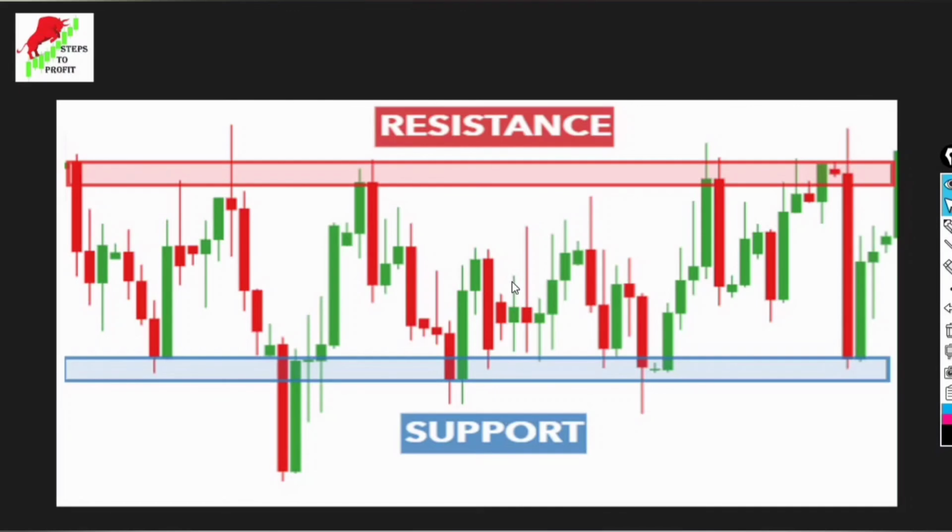As we have seen, because of support and resistance, price keeps moving in both directions. Sometimes it might be in an uptrend, sometimes in a downtrend, or sometimes in a sideways direction. So at the end we can say that support and resistance is the fuel of price action, because of which price keeps on moving.